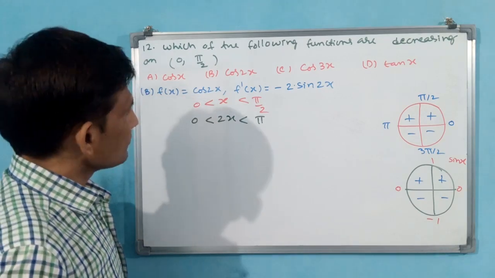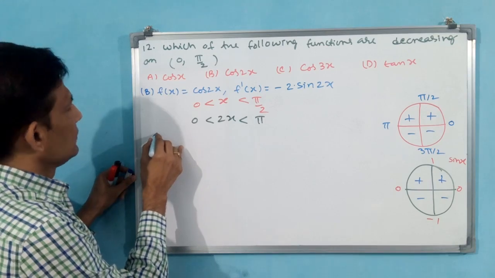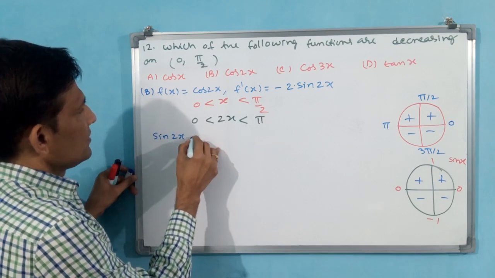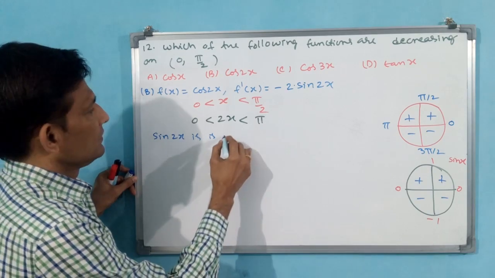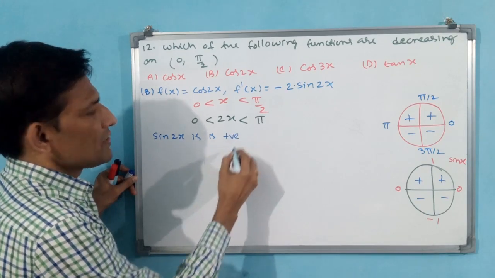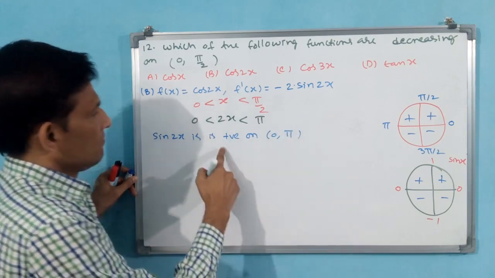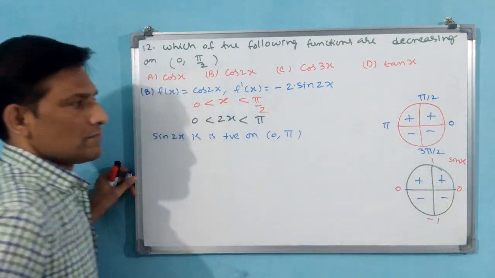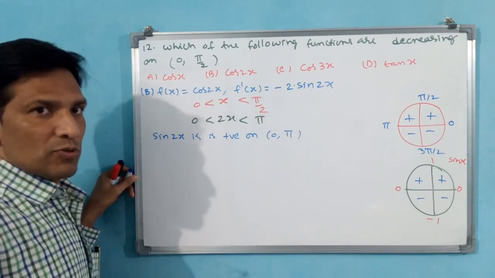Write down. Sin 2x is positive on 0 to pi. Okay, sin 2x is positive on 0 to pi.